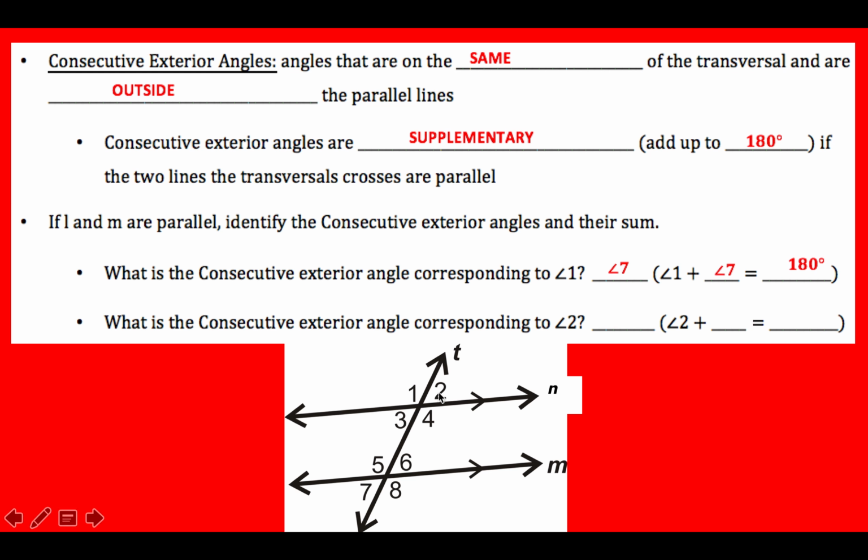Angle 2 is right here. If you go to the other intersection, the angle that is going to equal angle 2 is going to be 6. But we want the angle that is going to add with angle 2 to give us 180 degrees. And that is going to be angle 8.